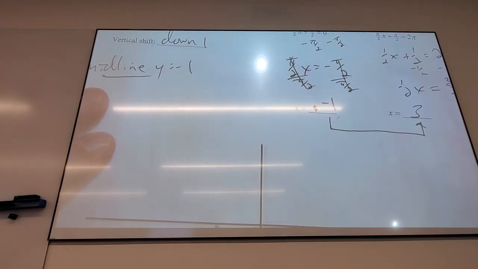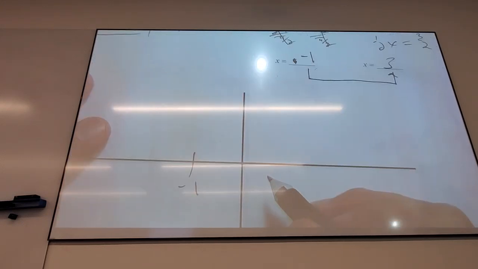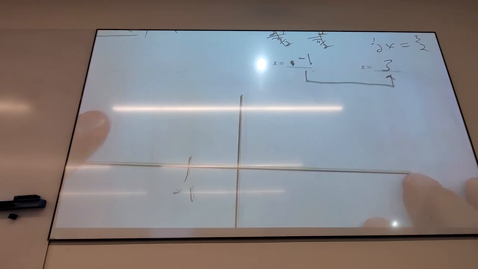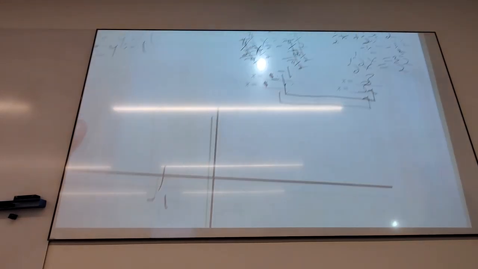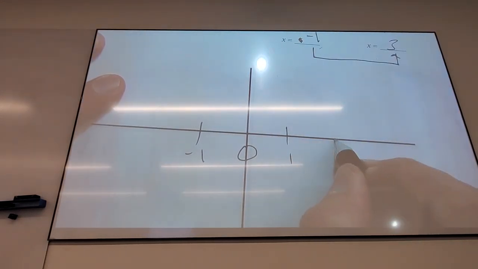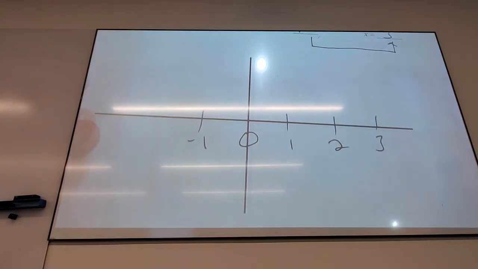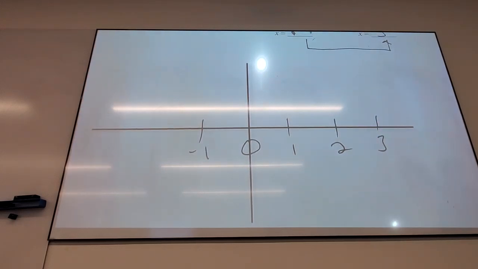So I start at -1, and then how big is each step I take? 1. And I know I stop at 3, which is 4 steps later. Now here's the trick.